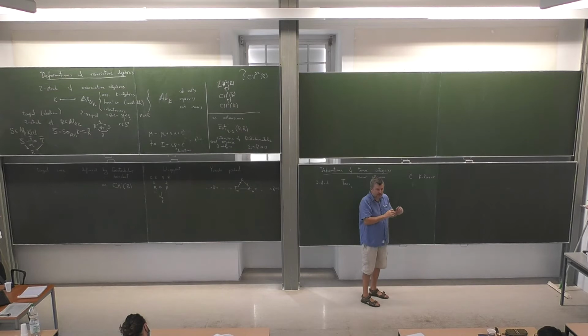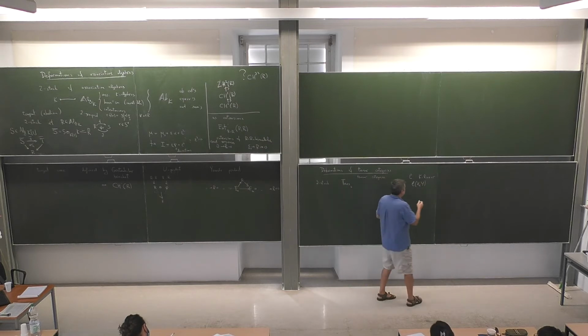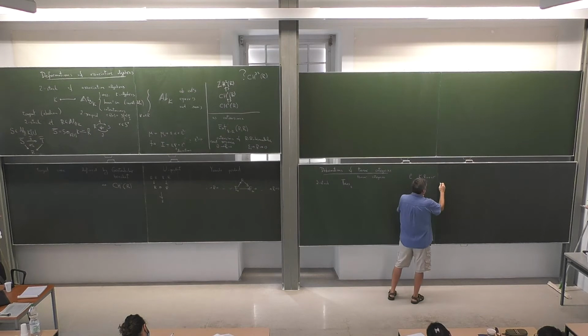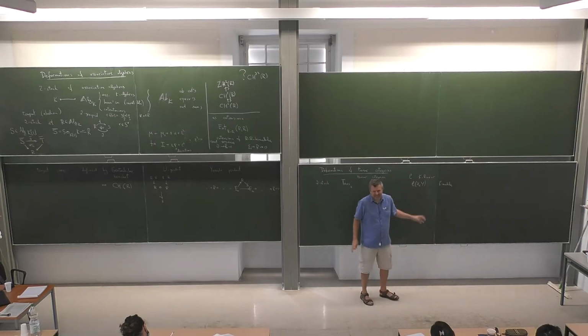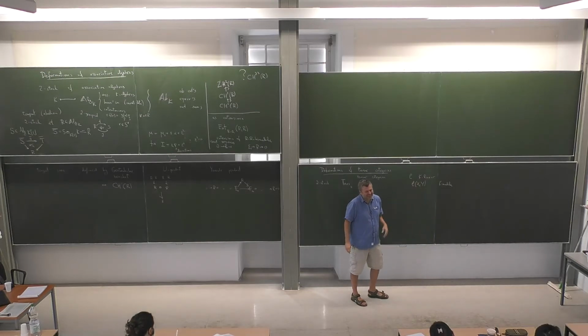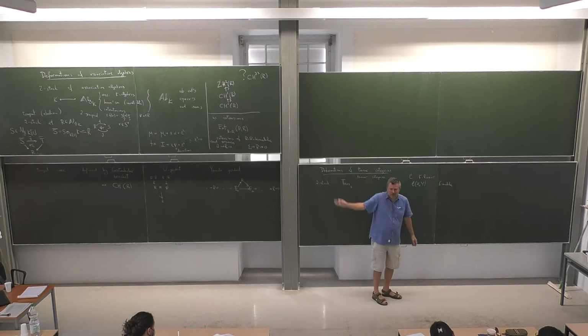As Mac Lane taught us, we shouldn't write hom, just write C and then two objects, as short notation for the hom space. And then it's a K vector space, a K module, assuming free. Again, for the purpose of deformation theory, it's enough.